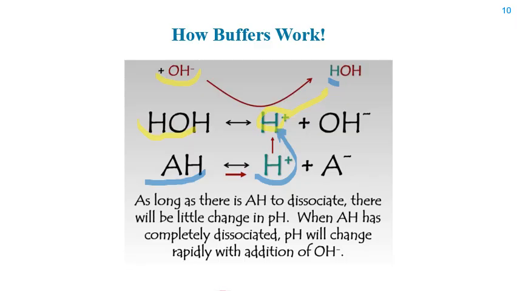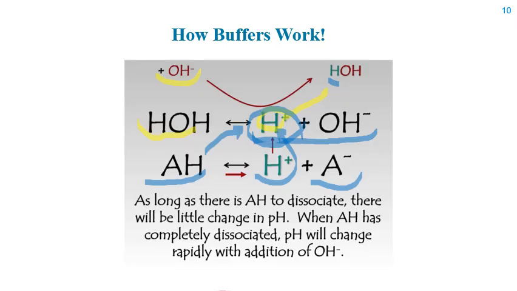So now you're going to end up with a weak base, and you're going to end up with no change in your hydronium concentration because this one came from your weak acid. So this is the whole principle of buffering, okay?